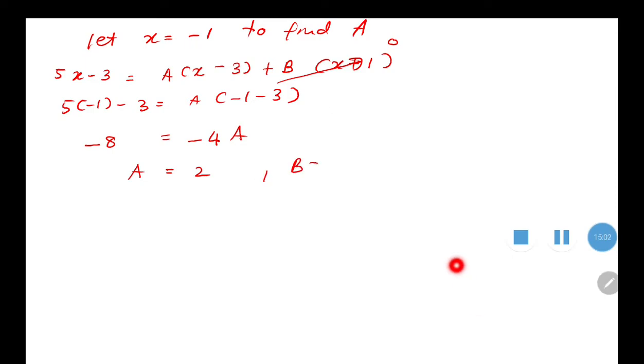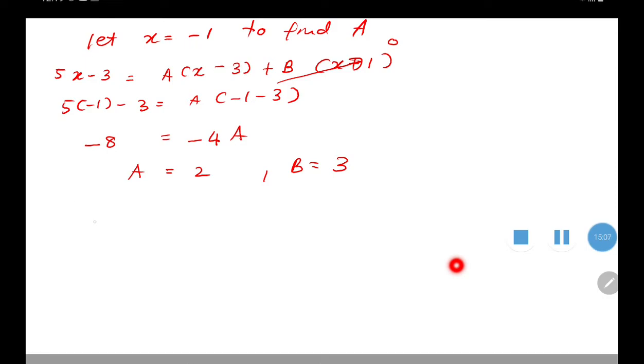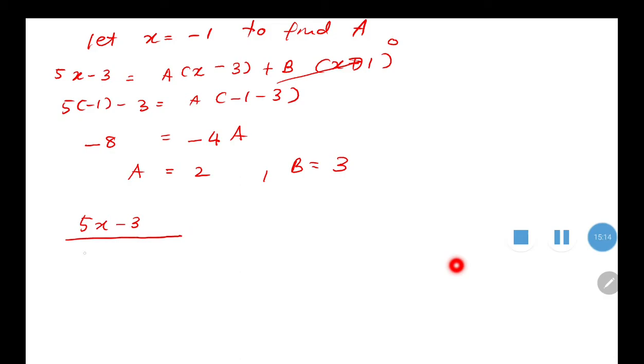So now we know b is 3 and a is 2, and we replace it back into the equation here. So the equation here is 5x minus 3 over x squared minus 2x minus 3. I'm going to write everything back. I hope with this you will have better understanding. x minus 3 and x plus 1.